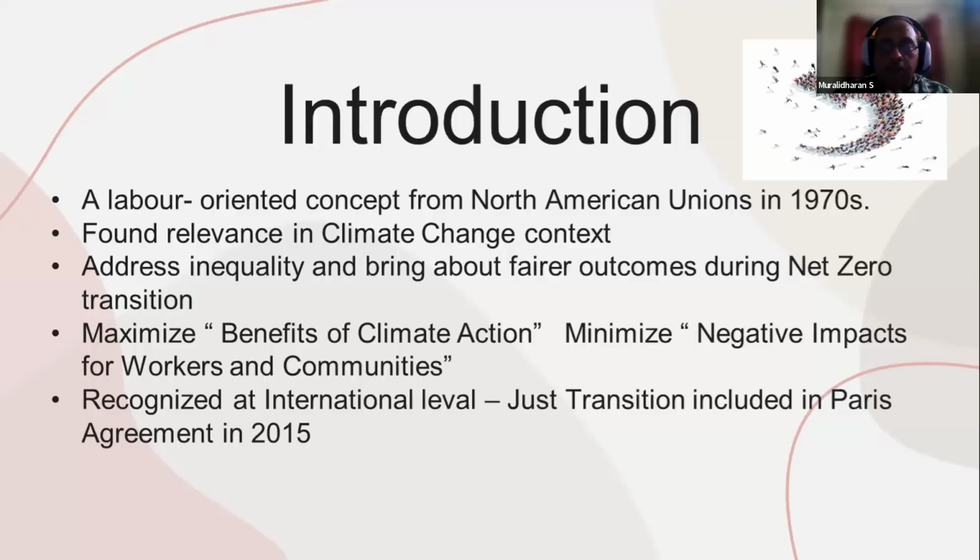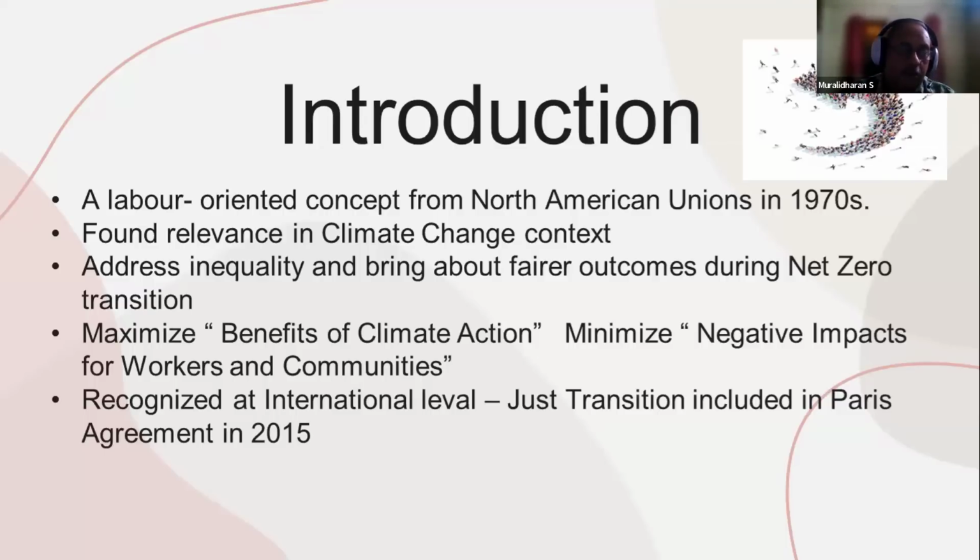They wanted some sort of a cushion, some sort of backup, to say that they will have a reasonably better life. So Superfund and various other things were floated to see to it that the transition is smoother, and even though they lose jobs, they are in a position to have a reasonably decent quality of life. That was the concept which came way back in the 70s and 80s.